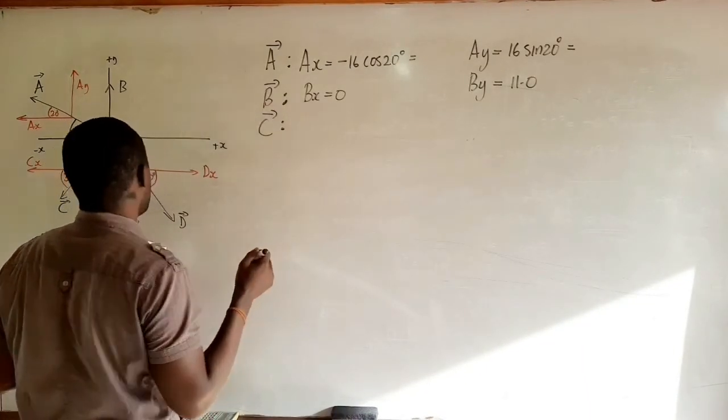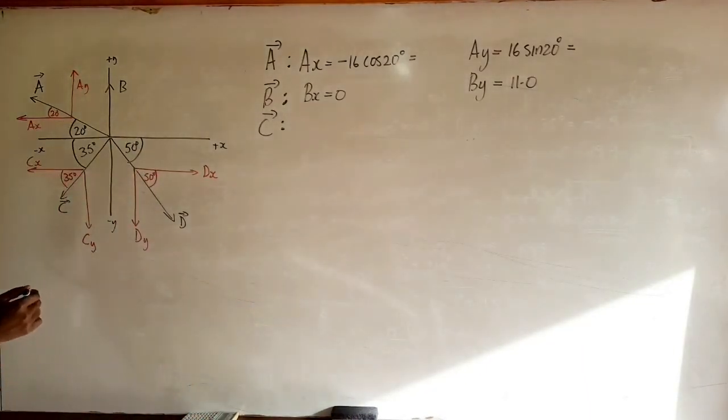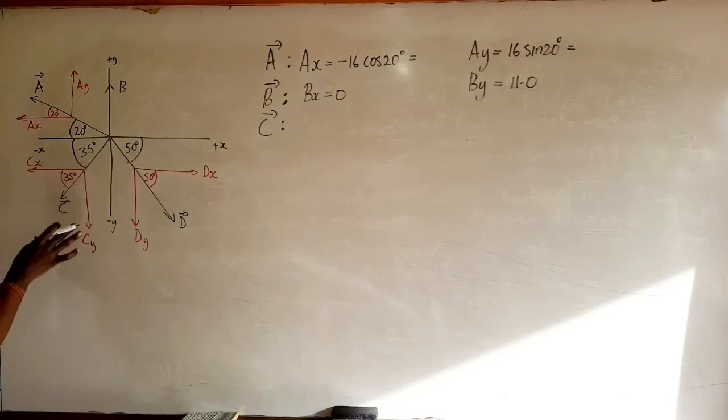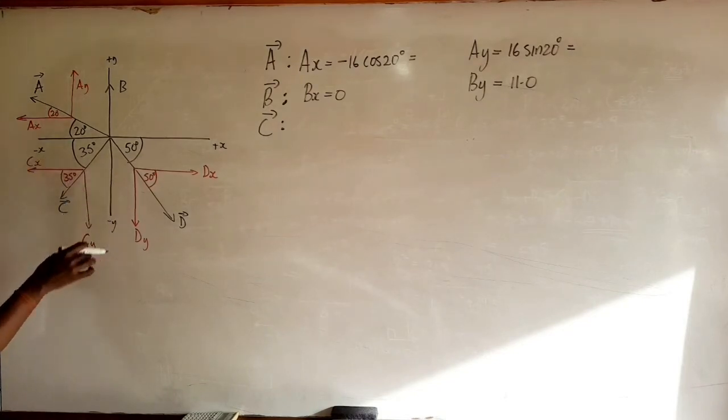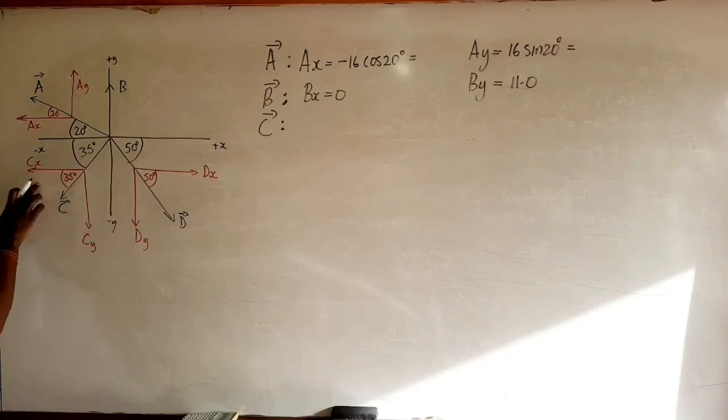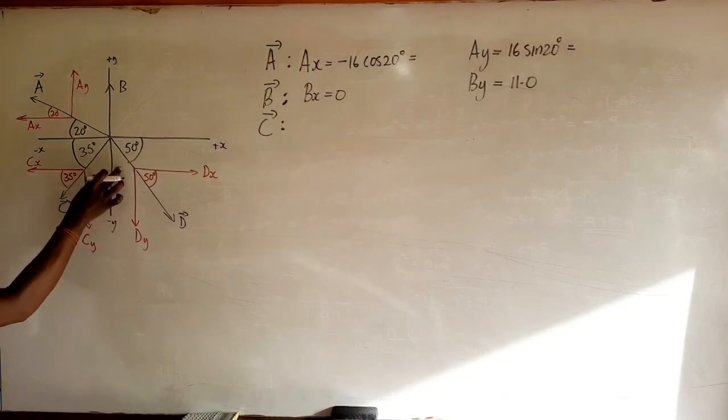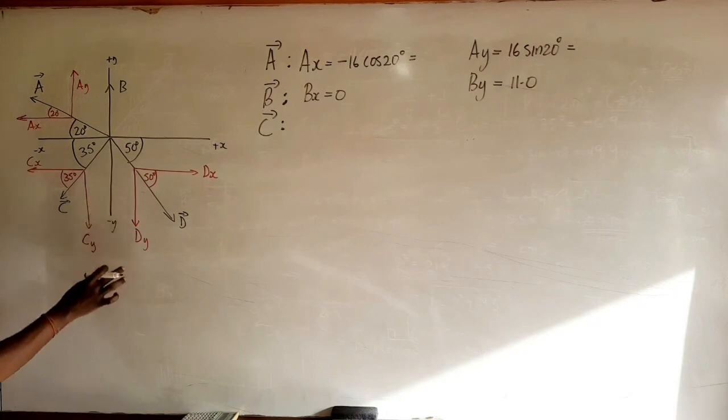Now C, vector C, acts in this direction between the negative x and y axes. Its component CX is acting to the left in the negative x direction and will therefore carry a negative sign. Likewise, its y component is acting in the negative direction and will also carry a negative sign. Alright?